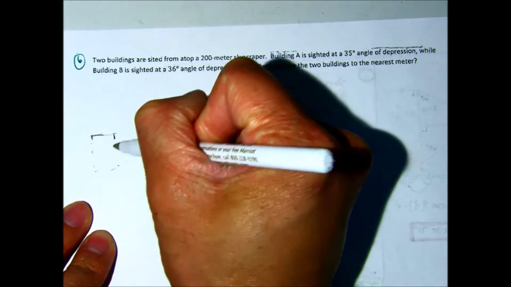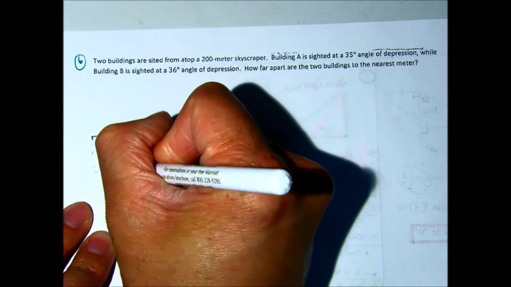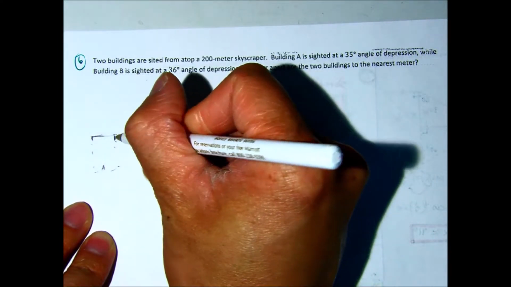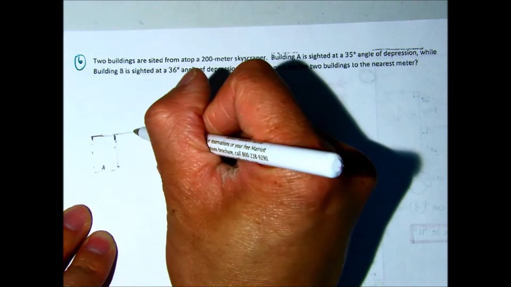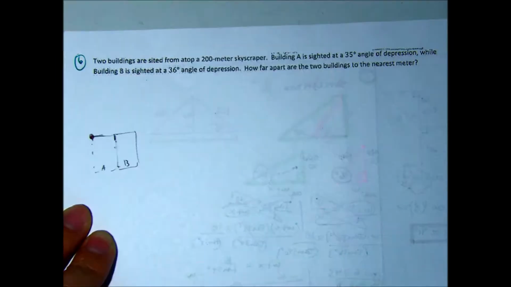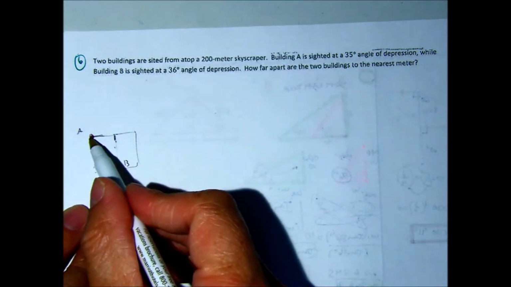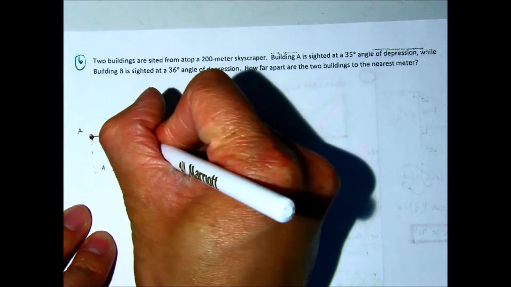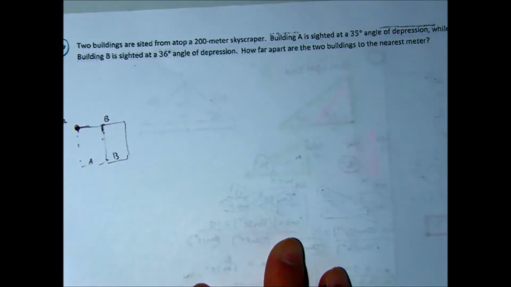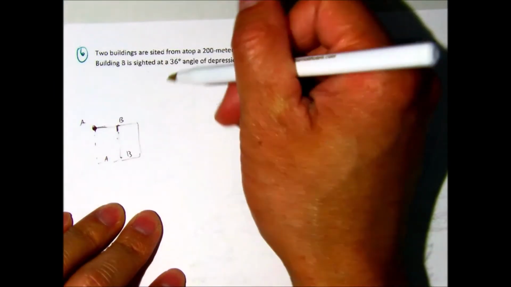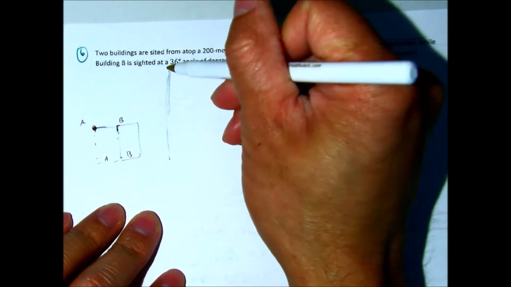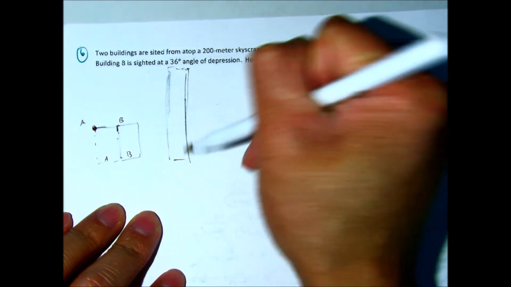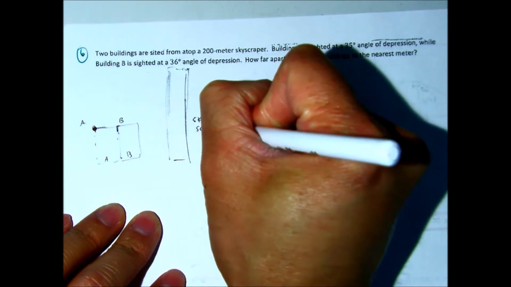Imagine that's building A, and it's like building B. So there's A. That's the corner of building A, and this is the corner of building B. And then my skyscraper has to be taller. They call it a skyscraper because it scrapes or touches the sky. So it's like way up here.